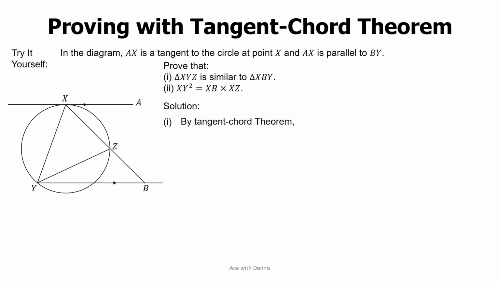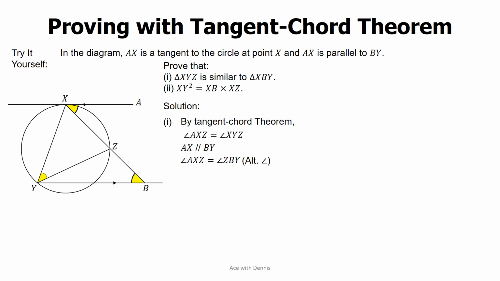1. By Tangent-Chord theorem, angle AXZ equals angle XYZ, which is this angle equals to this angle. And from the diagram, AX is parallel to BY. Therefore, angle AXZ equals angle ZBY, because it is alternate angle.